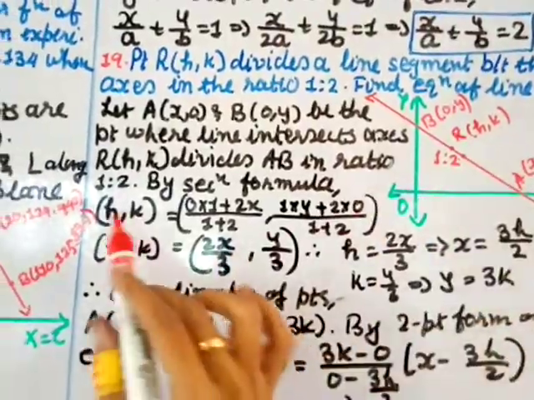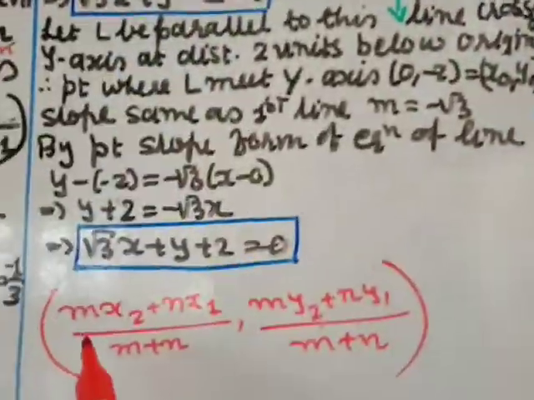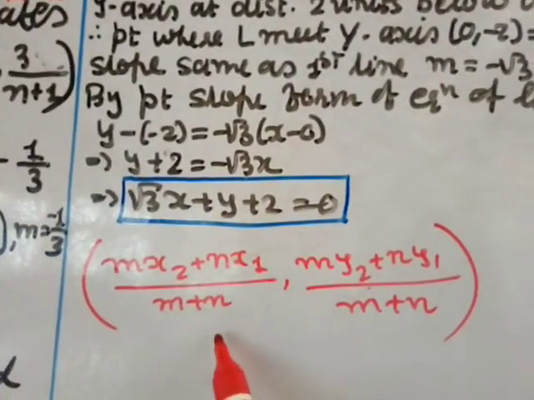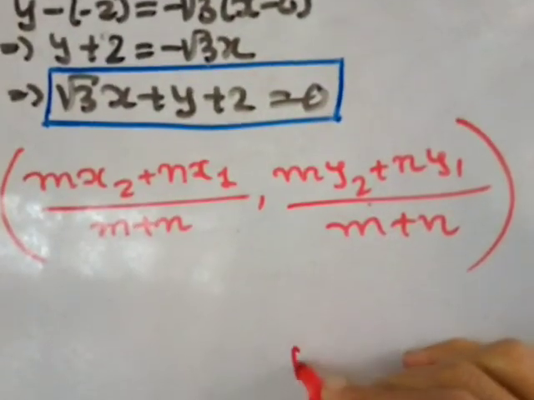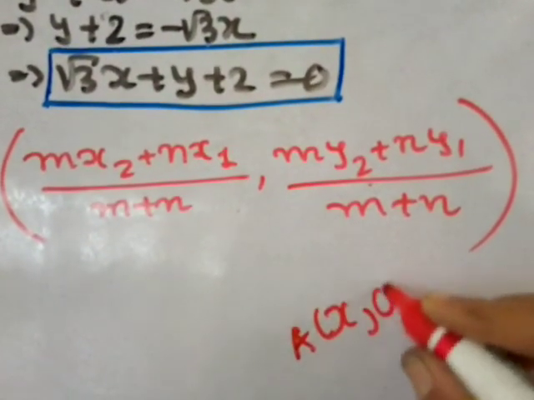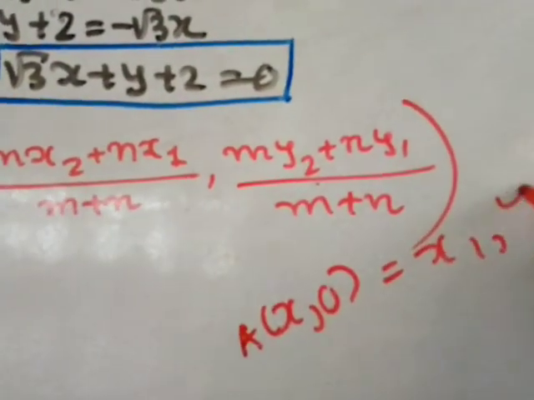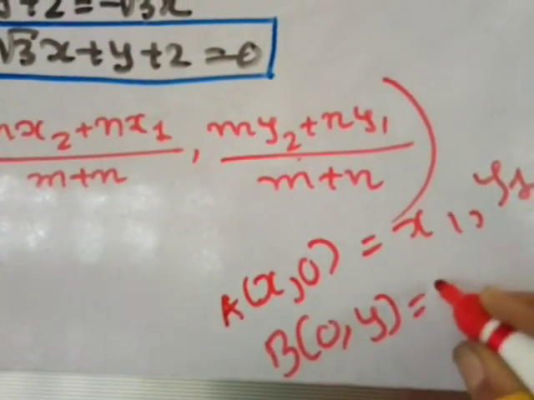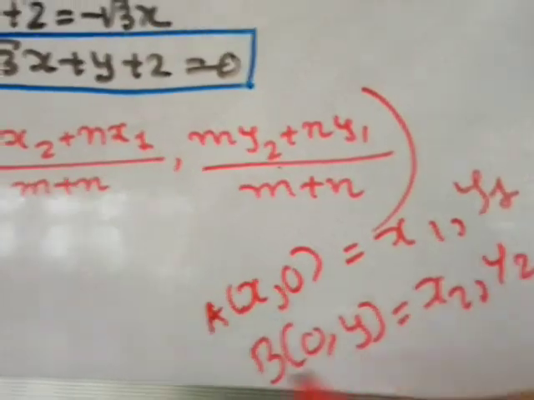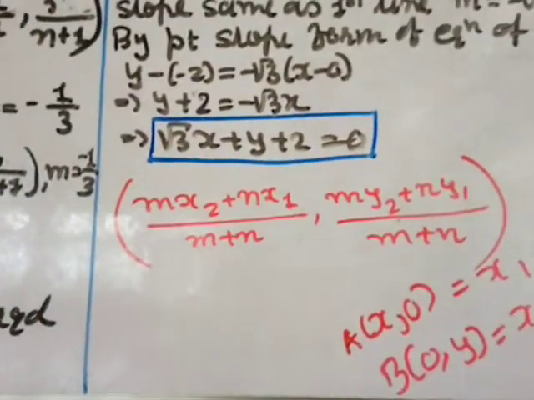So (h, k) equals, by the section formula we have written before, ((mx2 + nx1)/(m + n), (my2 + ny1)/(m + n)). So A(x, 0), call this (x1, y1), and B(0, y), call this (x2, y2), and the ratio is 1:2.